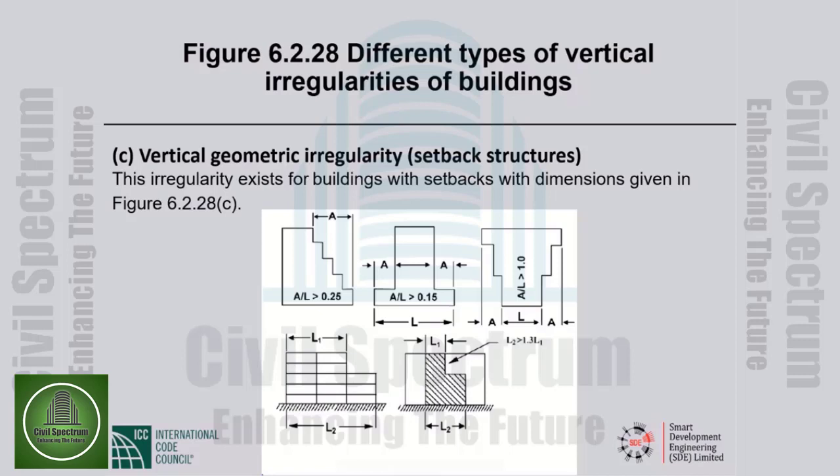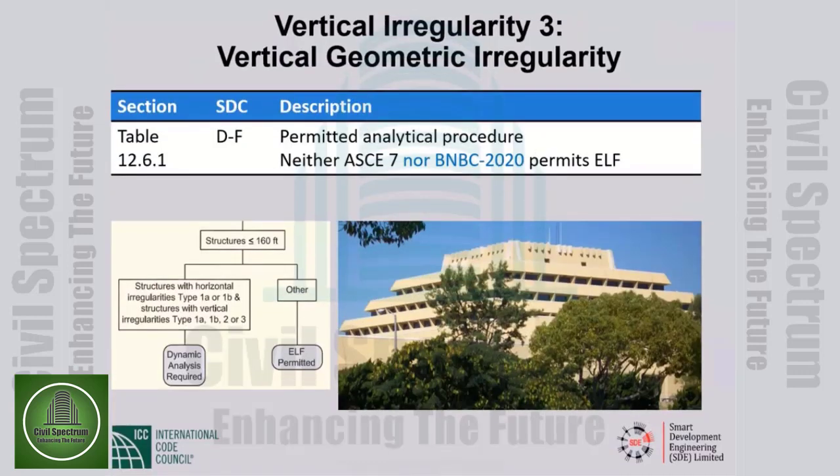I'll let you study that, but I did want to point out that this is a change that BNBC has made to the ASCE 7-05 definition of this particular irregularity, vertical type 3. Okay, the vertical geometric irregularity.